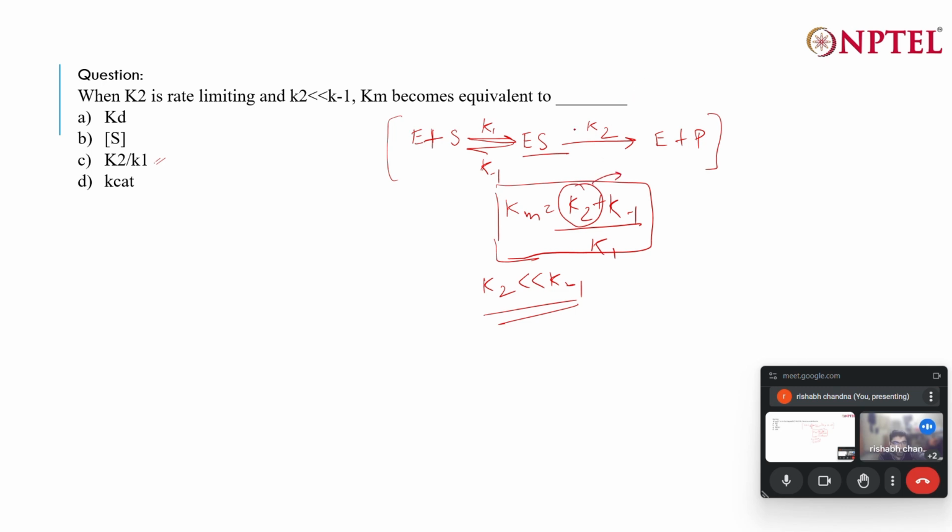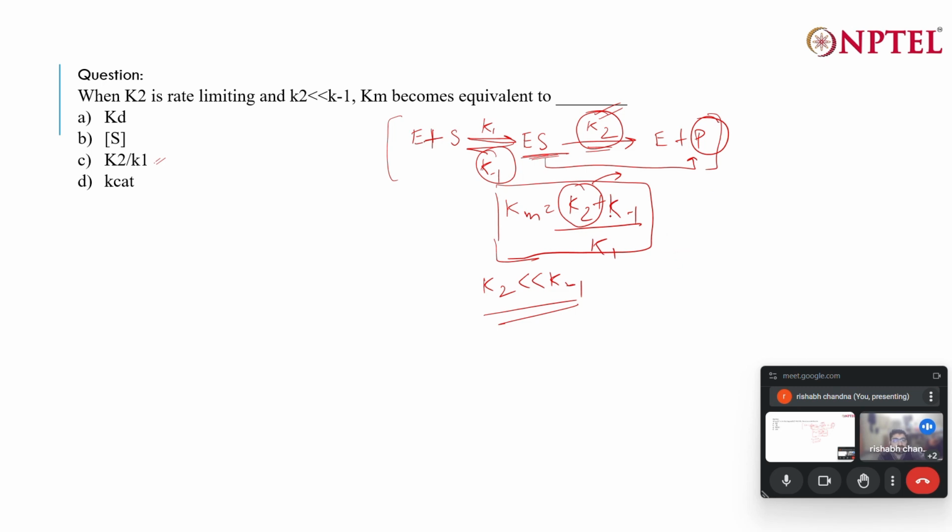So the formation of product depends upon K2, in which the enzyme substrate complex is broken down to product P. That is the meaning of the rate limiting step. But in this case, K2 is very, very much less than K minus 1. So what will be the case?